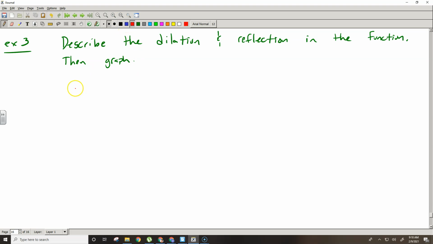So the function that we're going to look at is g of x equals negative 2/5 x. Okay, so if you look at this function, you can see it's a linear function. So let's just establish what the parent function would be.